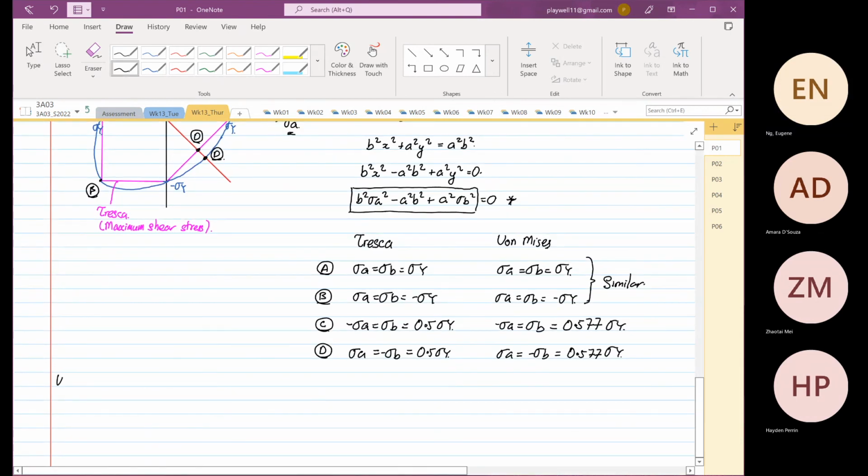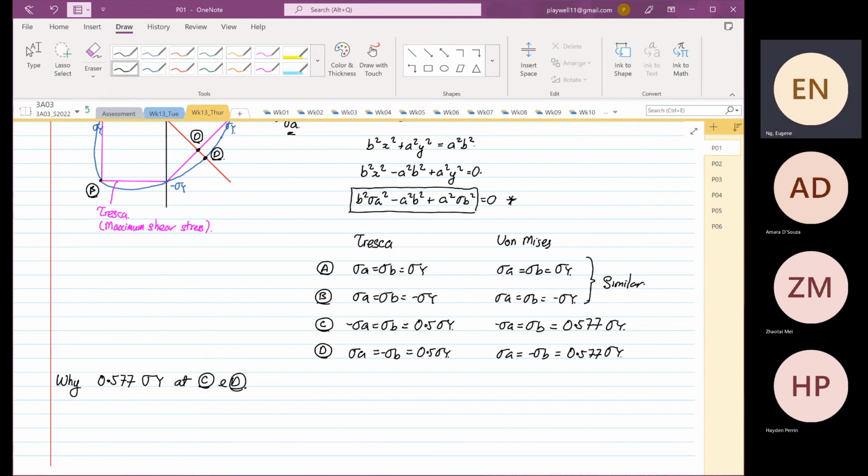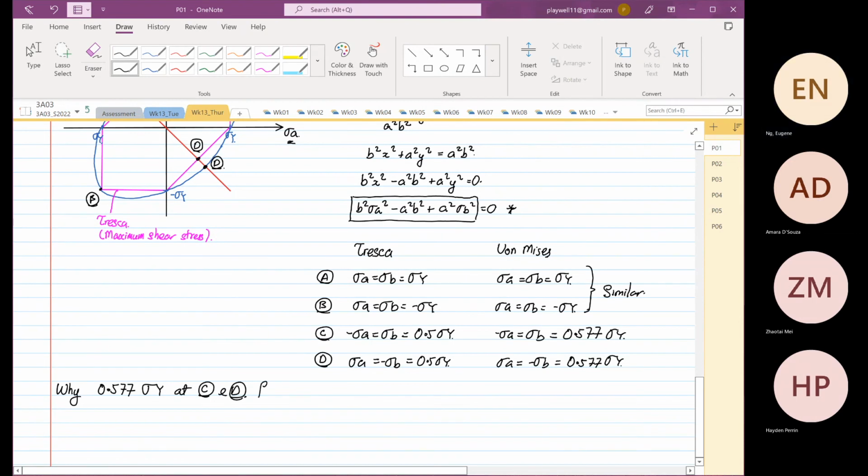So now the thing is this, okay? Why 0.577 stress U at point C and point D? So let's look at the conditions at point C and point D for Von Mises.